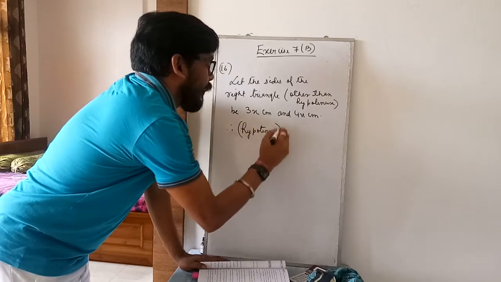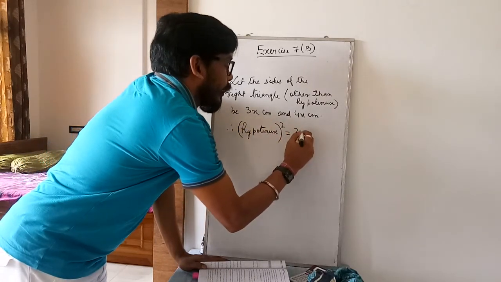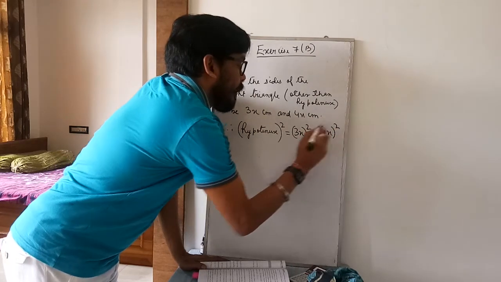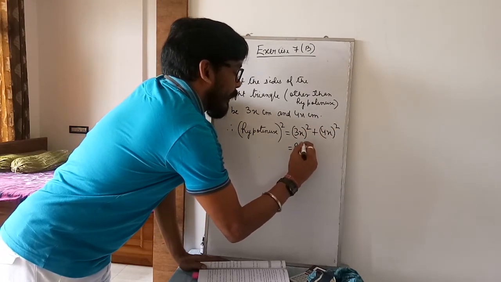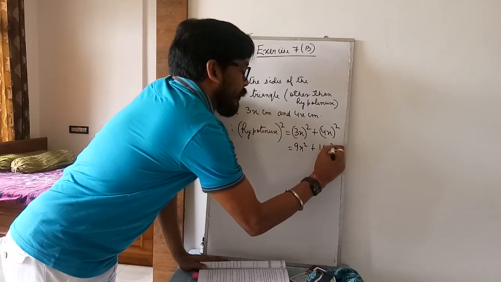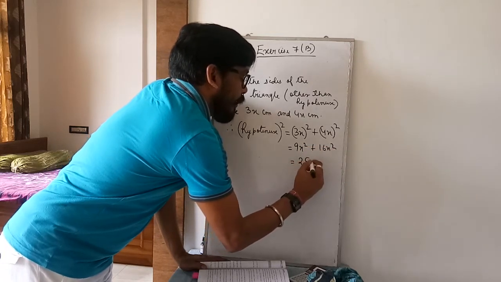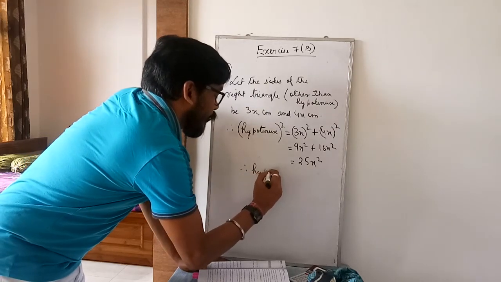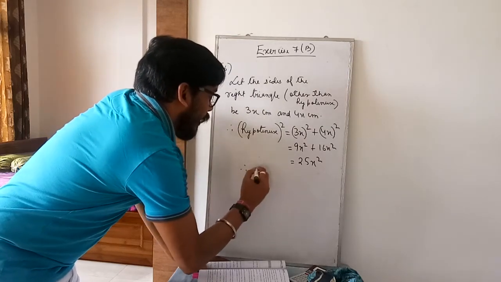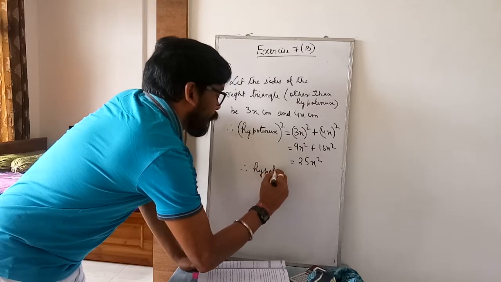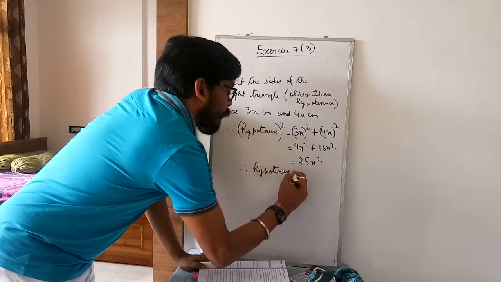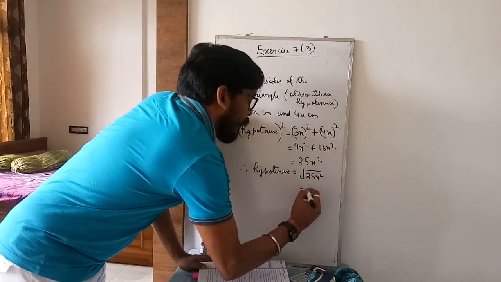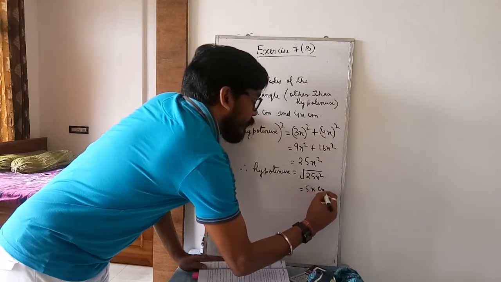Therefore hypotenuse square equals 3x square plus 4x square. So it is 9x square plus 16x square, so it is 25x square. Therefore hypotenuse equals root over 25x square, that means 5x centimeter.